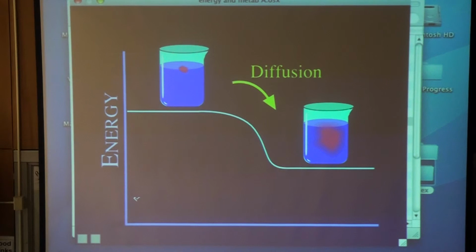Now, all solutes want to diffuse. It's not something magical about red ink molecules, sodium ions, glucose molecules dissolved in water, potassium, you name it. Any sort of substance, any sort of solute molecule will always want to diffuse outward. It's just a natural process.